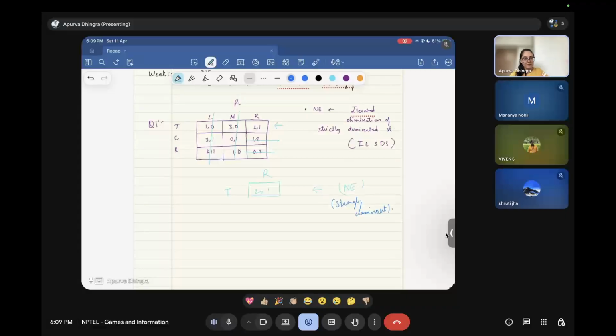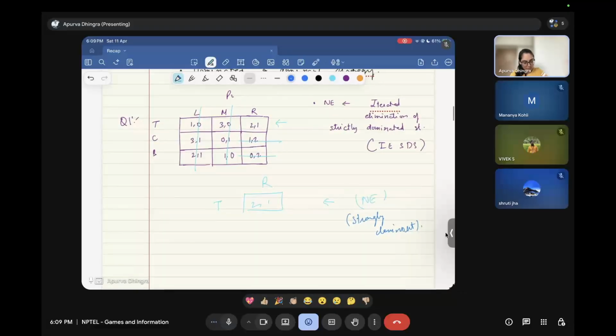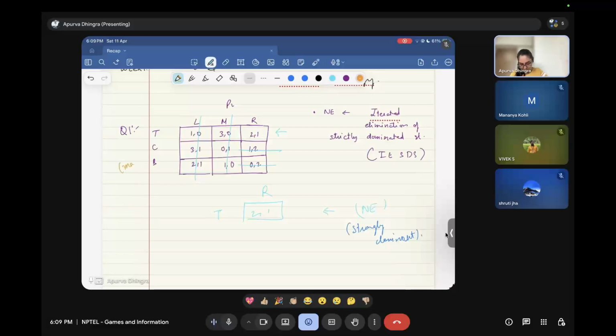We can verify that this is one of the Nash equilibria by actually looking at the matrix. That could be done by going through the columns and the rows and noting down which it is. By the way, here we are assuming both are maximizing.